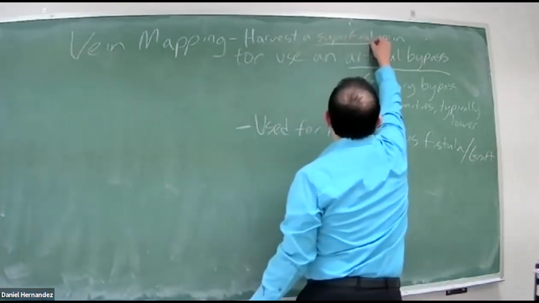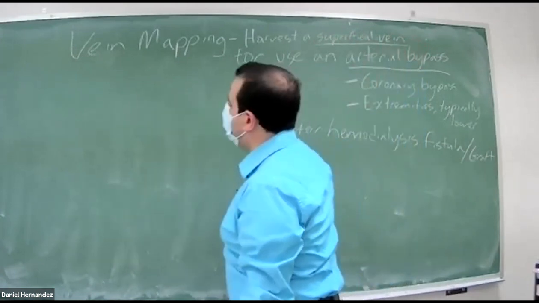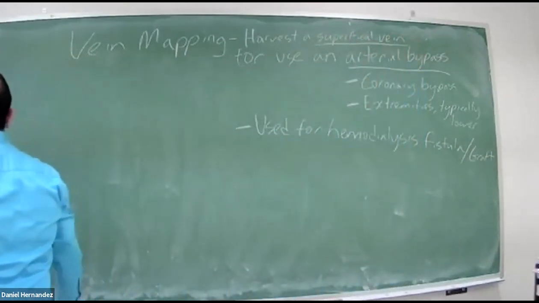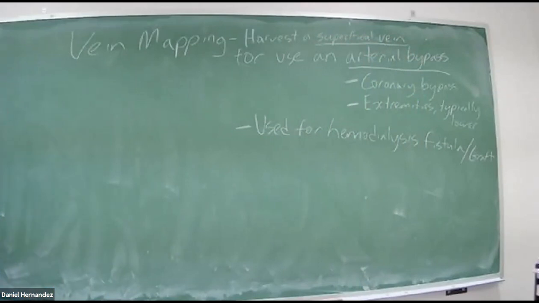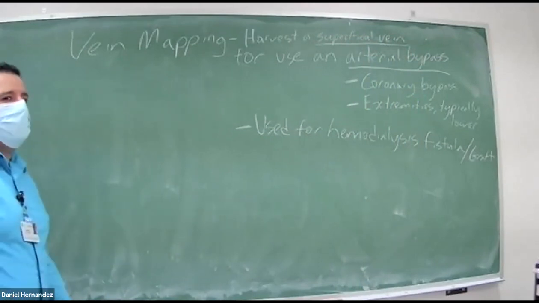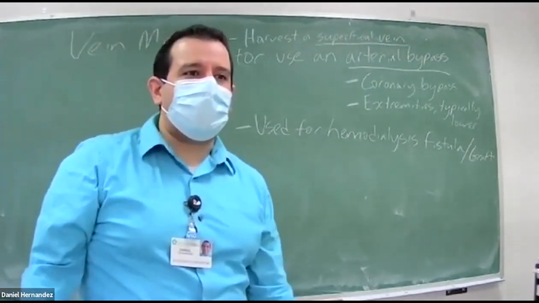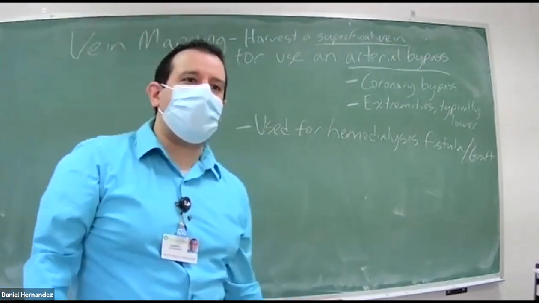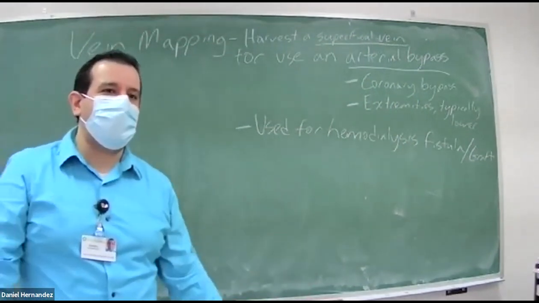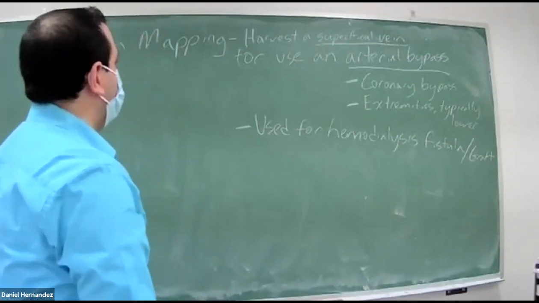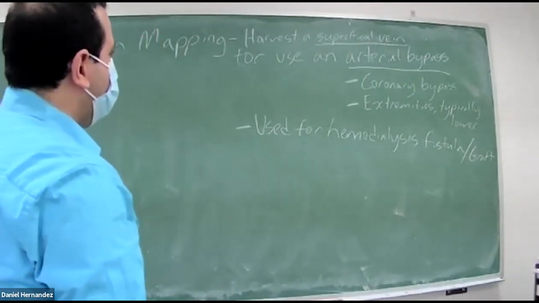Important to remember, we're just looking at the superficial veins for harvest. We're not going to harvest a deep vein. And the other thing too, we don't bypass clots in the veins. Clots in the veins, we treat them with medication, the body breaks them down on their own. So we're just bypassing arteries.